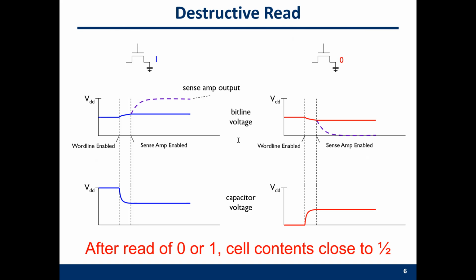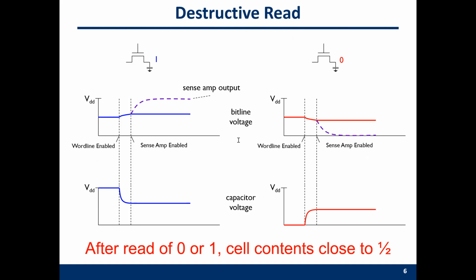By sensing the trend, the sense amplifier can know the value inside the cell. This is how we read from the cell.